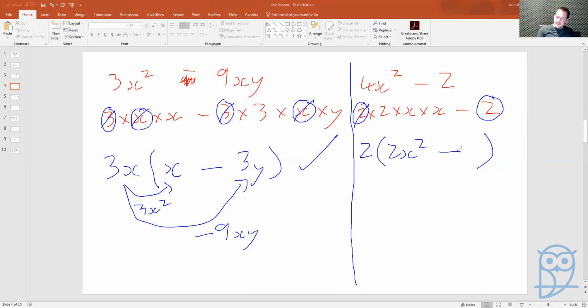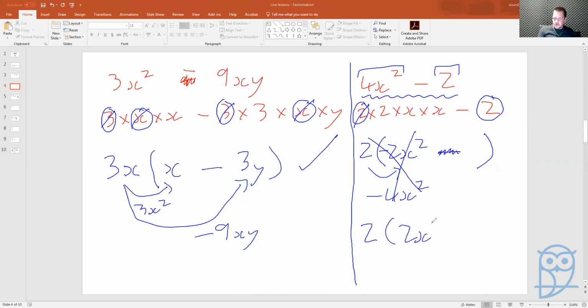Because if you have a minus here, you need a number after it. Maybe you want to put the minus there. Okay. Now, if I multiply this out, I get minus 4x squared. That is not what I started with. Note how many terms I have. 1 term, 2 terms. So if I have 2 terms here, I need to have 2 terms in my brackets. So therefore, this is wrong. My common factor is 2. This is 2x squared.